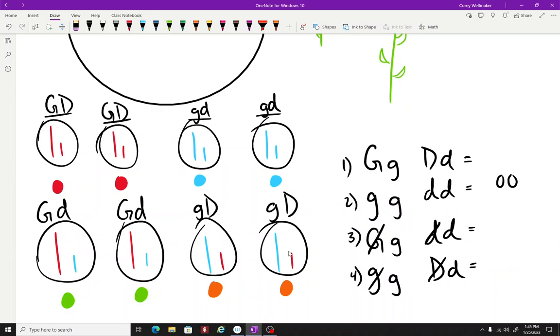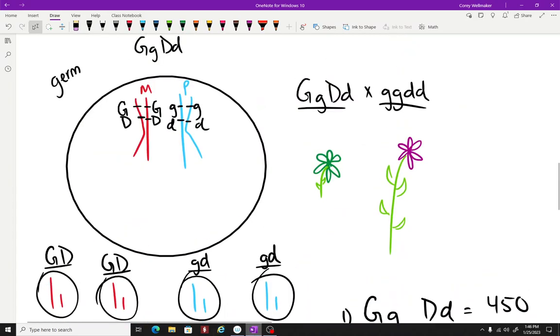Instead of 500, 500, 0, 0, it might be something like 450 if they make 1,000 babies, 450, 450, 50, 50.